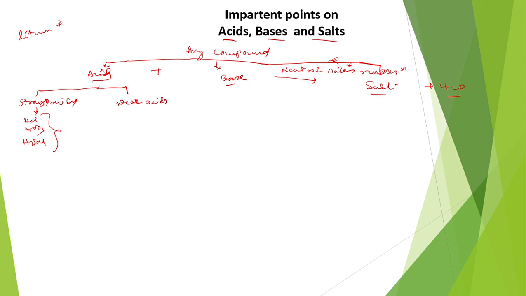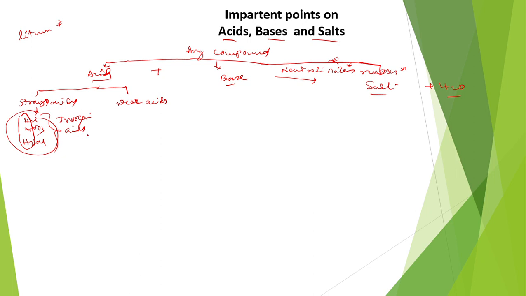These are also called inorganic acids. You see here, all have hydrogen as a common element. Why are these called inorganic acids? Because they are not decomposing or degrading. That's why they are called inorganic acids.